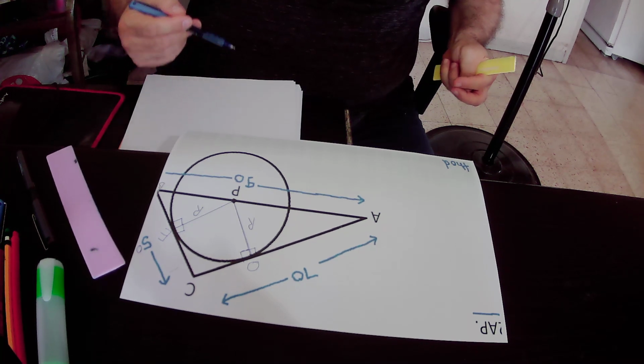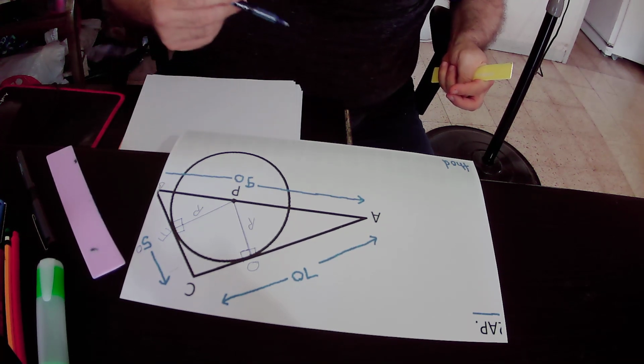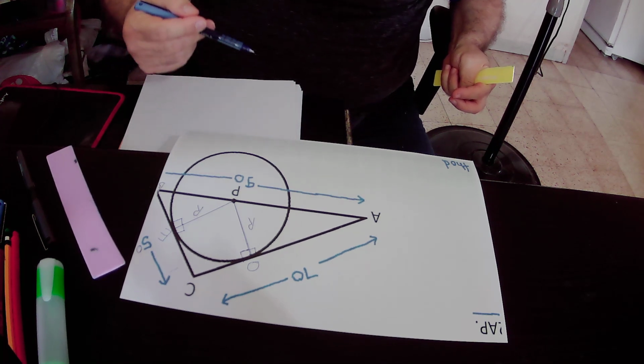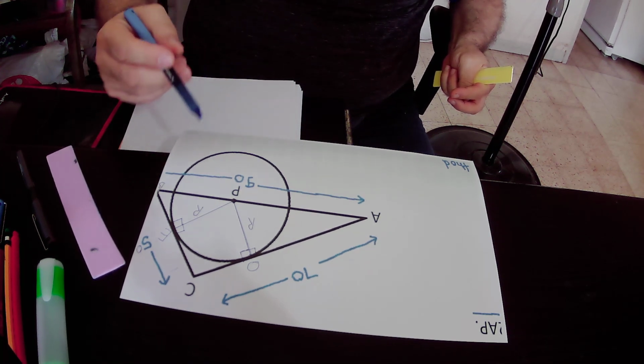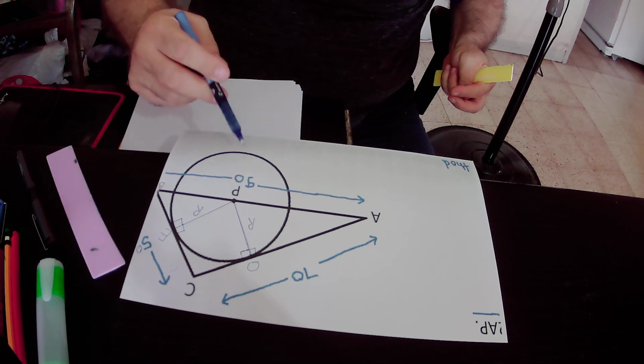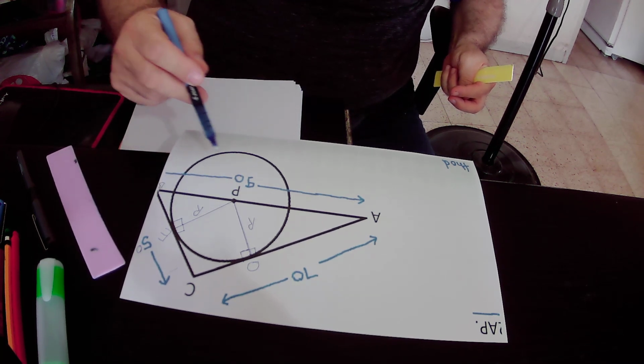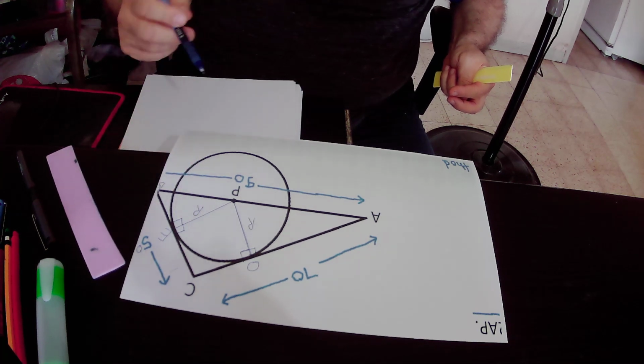And in any circle, a radius and a tangent to that radius create between them 90 degrees. For that reason, PEB is 90 degrees, and also PEC is 90 degrees.